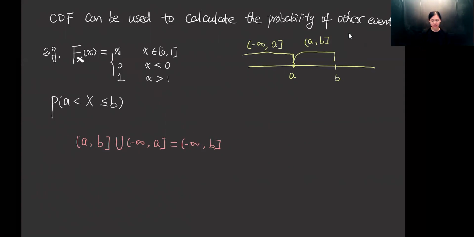Clearly the union of the two is the interval minus infinity to b. And it's also clear from the picture that these two sets are disjoint.